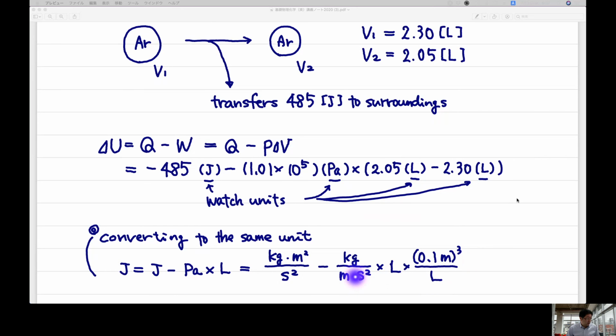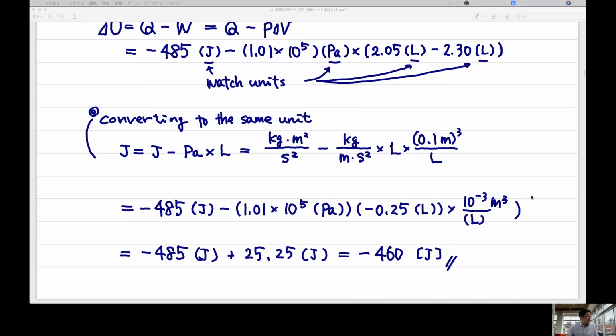So you can remove one meter here, and as you can see, the units are all the same as joule. So the unit of the internal energy change should be the joule.